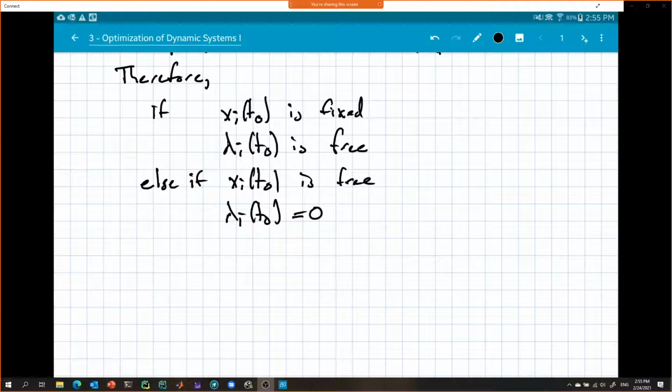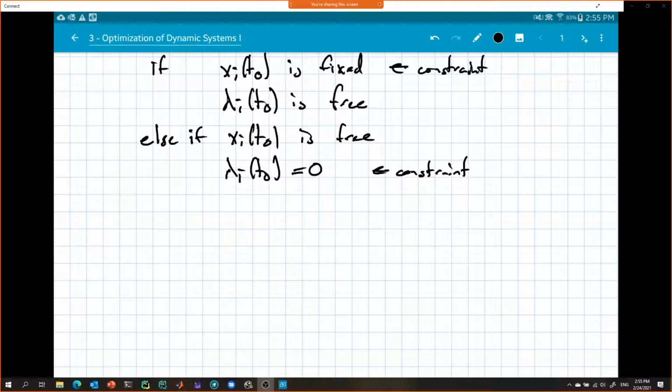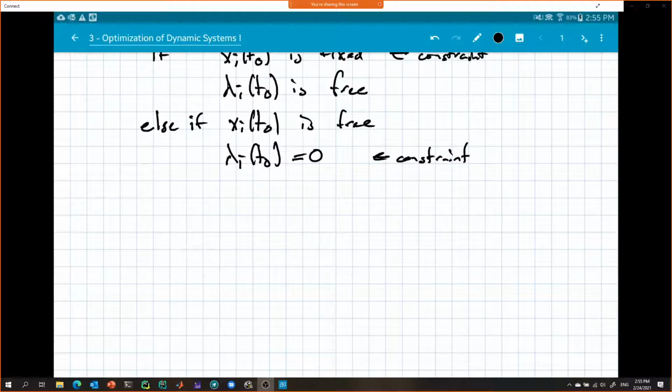But this holds true, and it's still good to look at this, because here we have some constraints, so we don't need an extra constraint. Regardless, we get a constraint that results. So if the state is free, then lambda is fixed, and if the state is fixed, then lambda can be free.